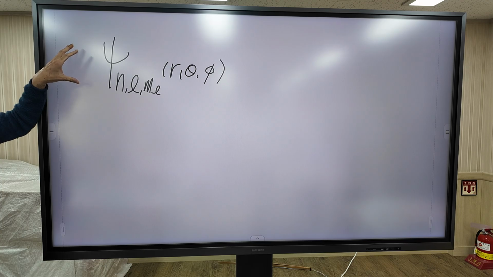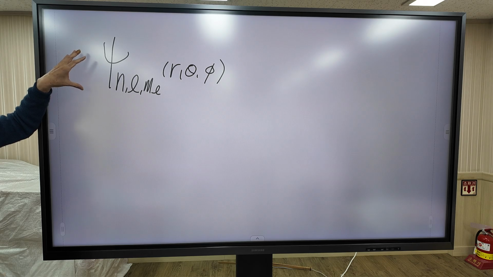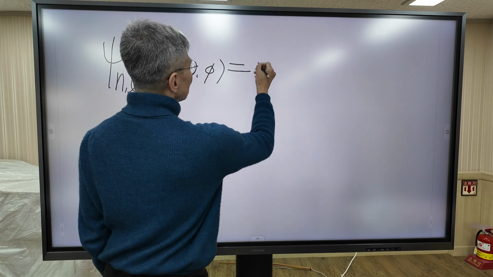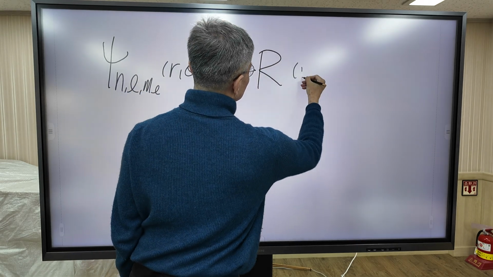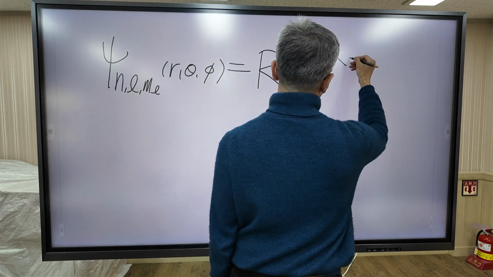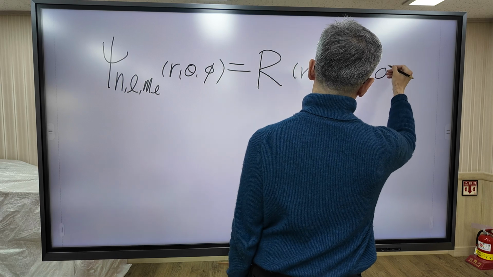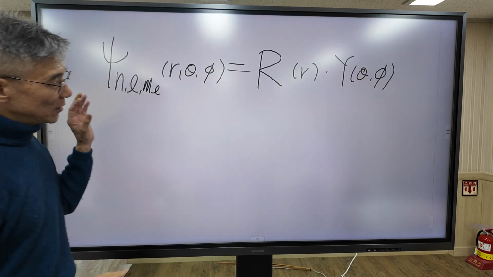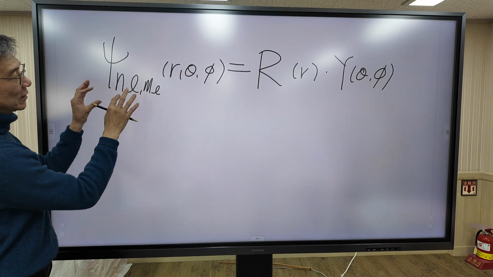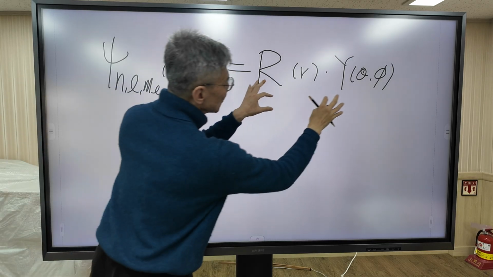The Schrödinger equation is very difficult to solve, so we are going to see what the solution looks like. Before solving the Schrödinger equation, we assume that this function can be expressed as a product of two functions, a radial function and an angular function.